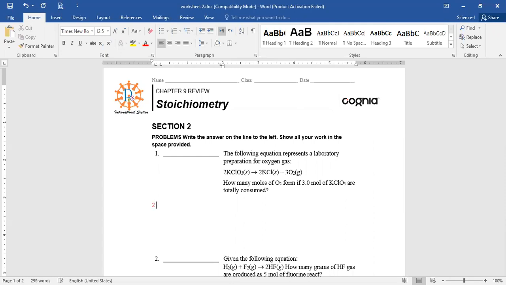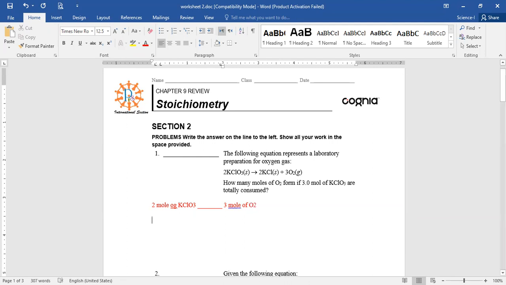So 2 moles of KClO3 produce 3 moles of O2. Yes or no? So we ask what would happen if we have 3 moles of the same substance.